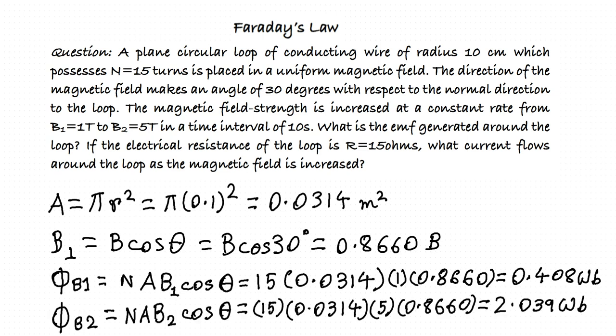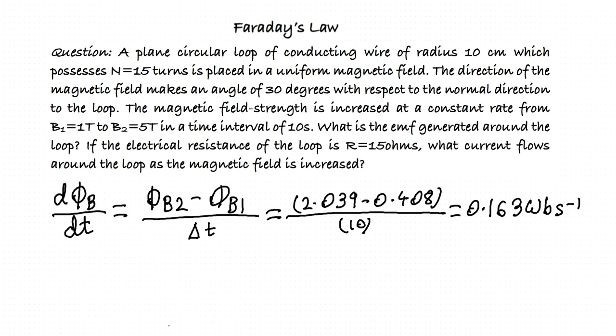Likewise, the final flux linking the loop is phi-B2 equals N multiplied by A multiplied by B2 multiplied by cos theta equals 15 multiplied by 0.0314 multiplied by 5 multiplied by 0.8660 equals 2.039 Weber.